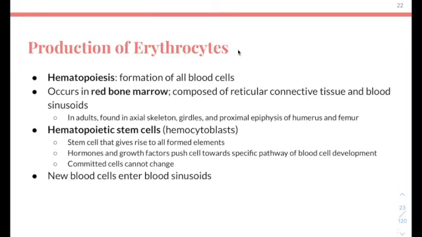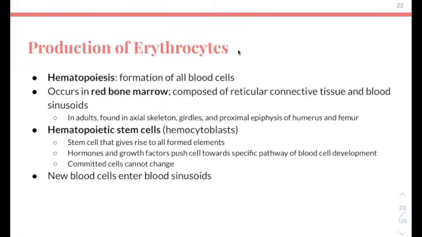As I said, it's found mostly in the axial skeleton, the girdles, so your pelvis and your scapula, and the proximal epiphysis of the femur and the humerus is where most red marrow is found.